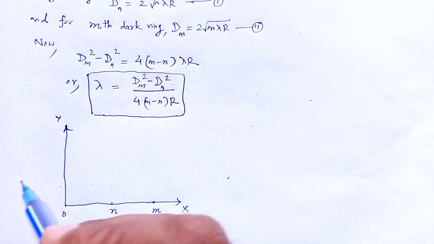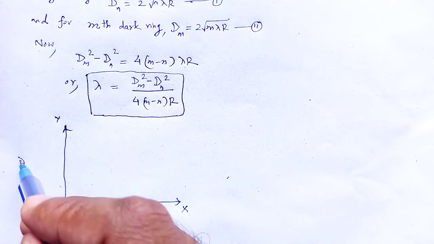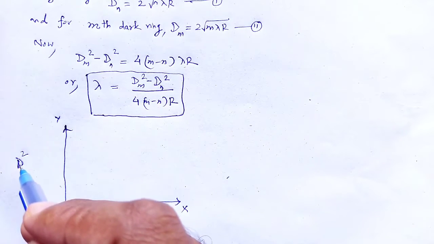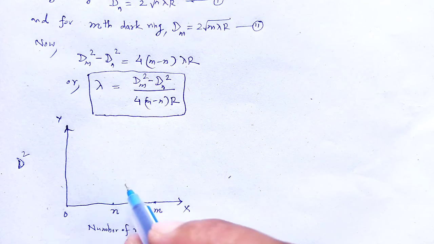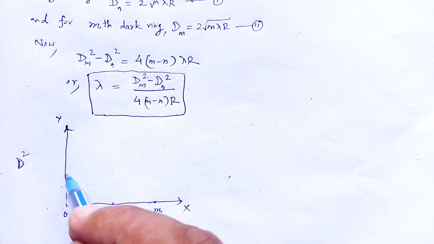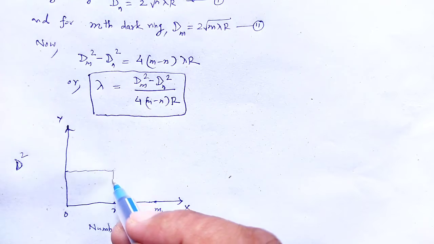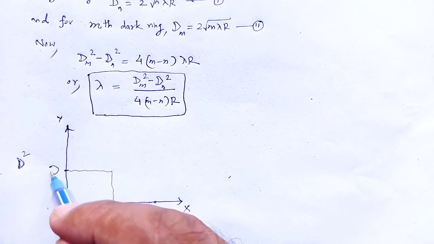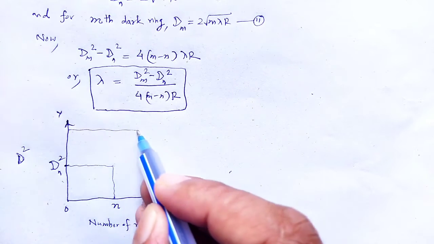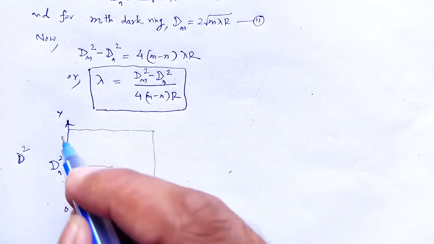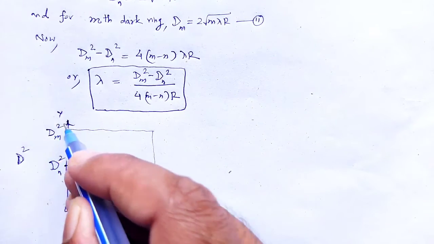On the y axis, the square of the diameter, d square. For the nth order ring, let the diameter square be dn square. For the mth order ring, let it be dm square.